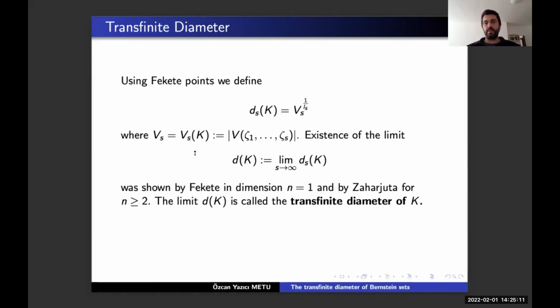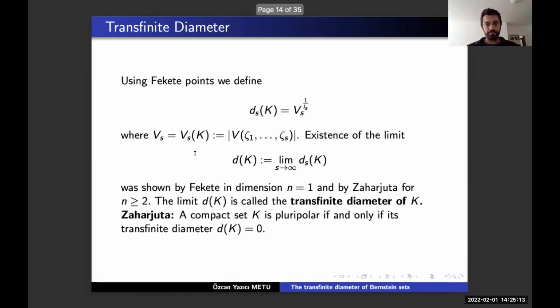We give some upper and lower bounds and so on. An important result says that a compact set is polar or pluripolar if and only if its transfinite diameter is 0. What it says basically is that the set is very small if its transfinite diameter is 0.